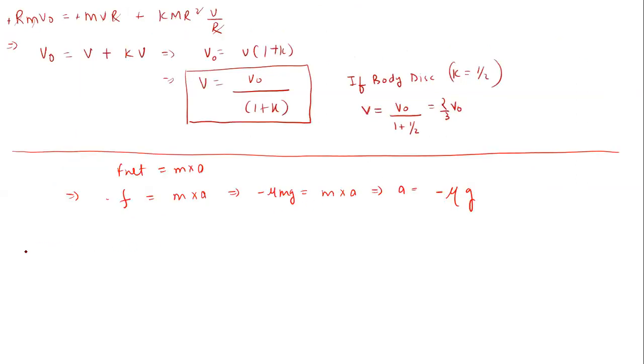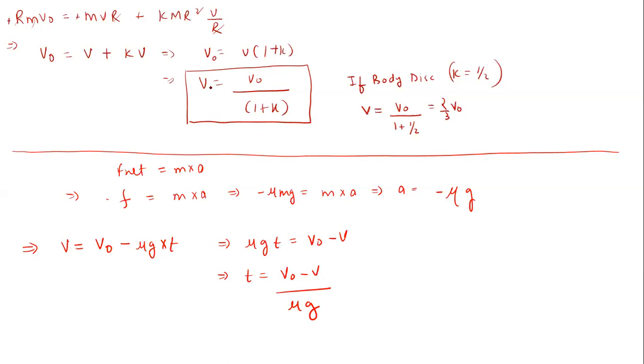The final velocity v equals initial velocity v naught minus mu g into t, where t is the time taken to start pure rolling. So mu g into t must be equal to v naught minus v. Therefore, time taken must be equal to v naught minus v divided by mu g.